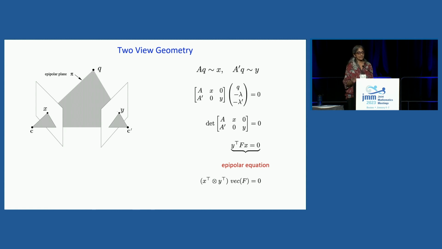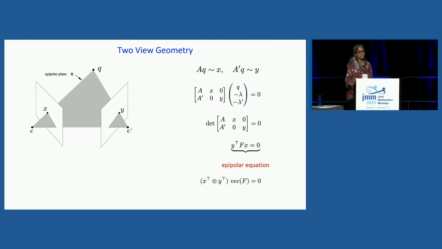Okay? Let me rewrite it one more time. So this is also the same thing as writing X transpose Kronecker product Y transpose times the vector of F. So F is a 3 by 3 matrix. So the vec of F is just the 9-dimensional vector that you get by concatenating the columns of the matrix F. Okay?